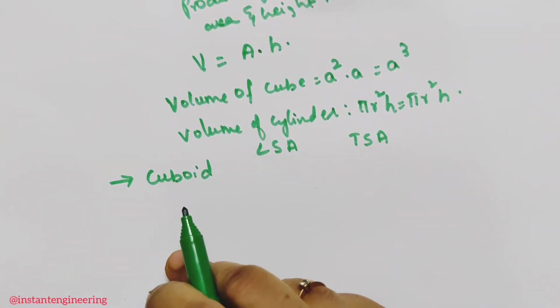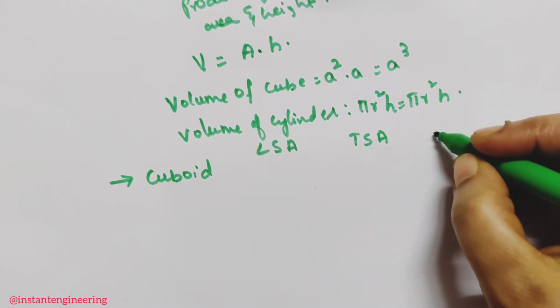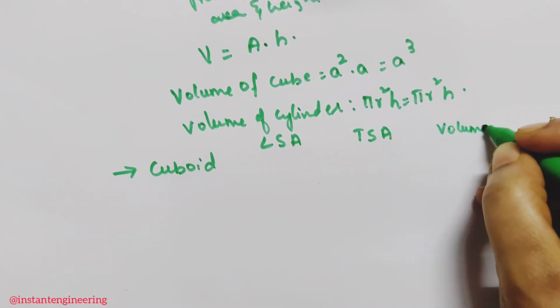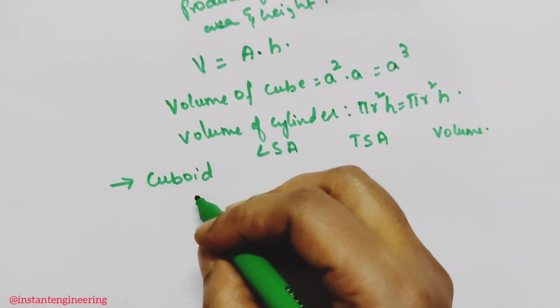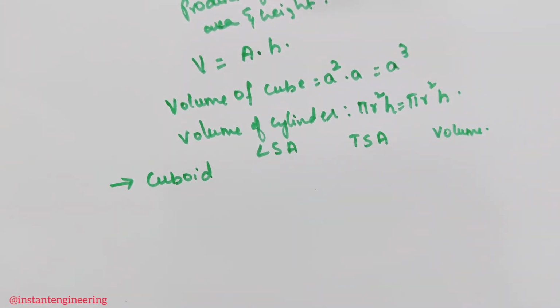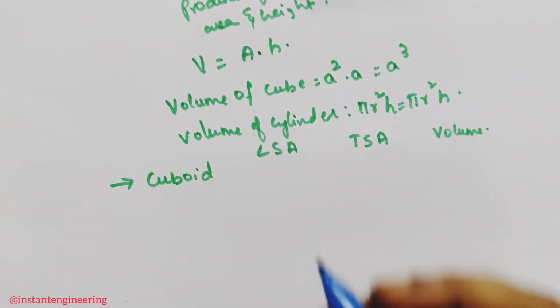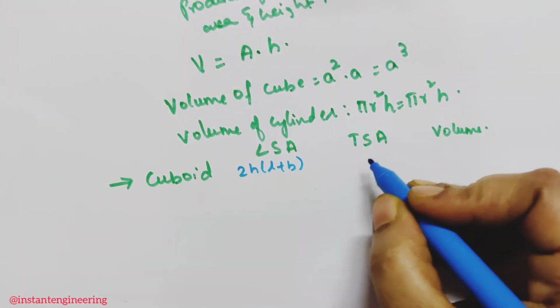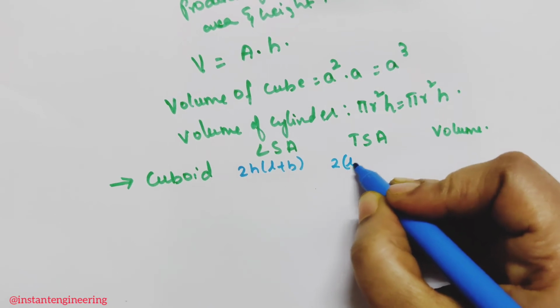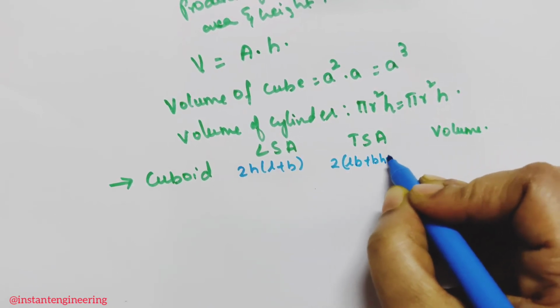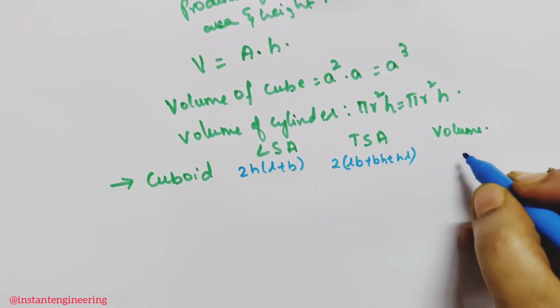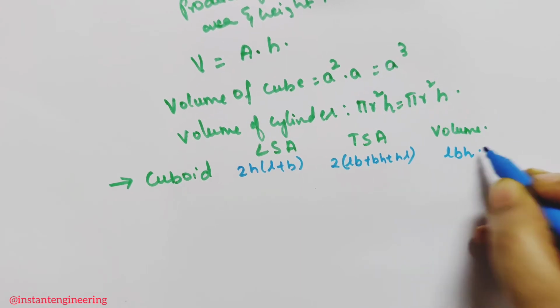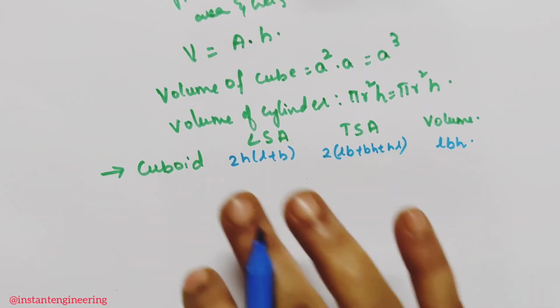For a cuboid, the LSA formula is 2h into (l plus b), and TSA is 2 into (lb plus bh plus hl). Volume becomes lbh. You need to remember this.